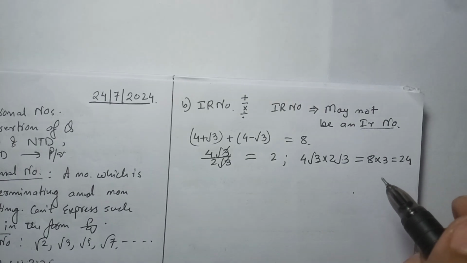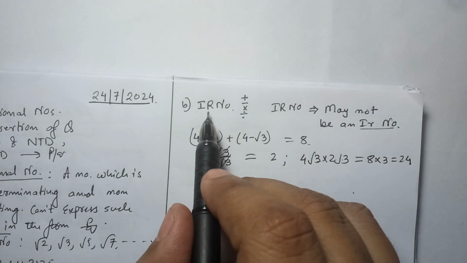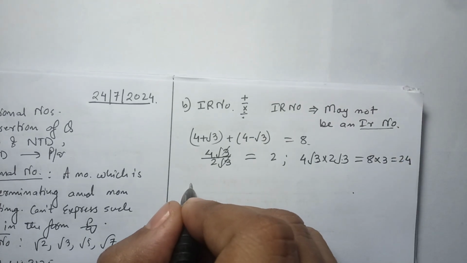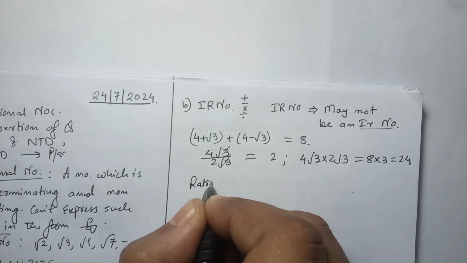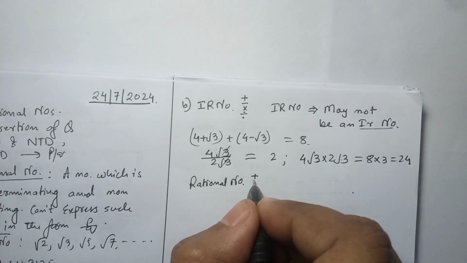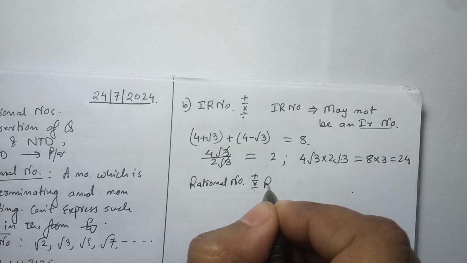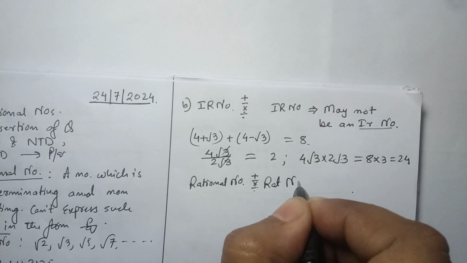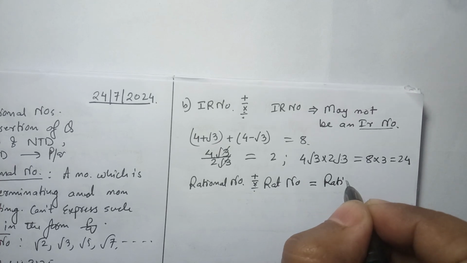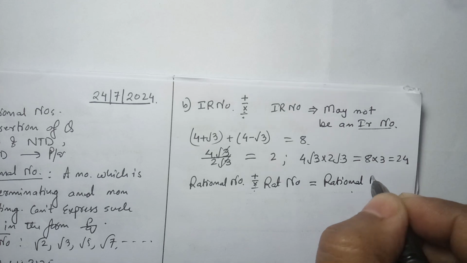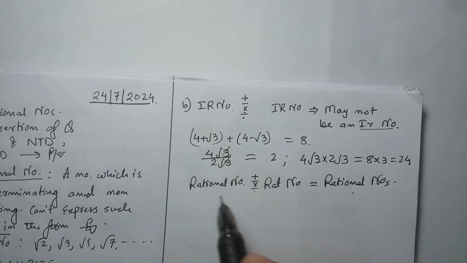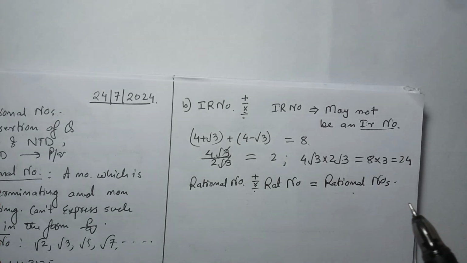But this is not the case with rational numbers. If we operate two rational numbers, then we will always get a rational number. If you add two integers, you get an integer. If you add two fractions, the result will also be a fraction, and so on.